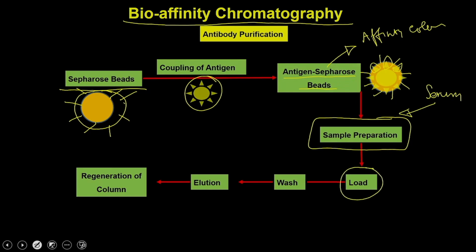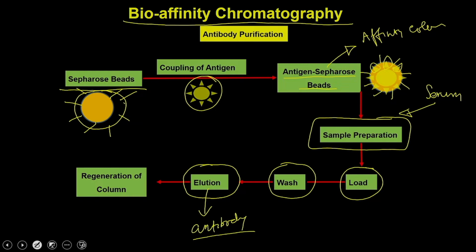Then you wash the column so that the unbound or loosely bound non-specific proteins are eluted, or the non-specifically bound antibodies are washed away. Then you perform the elution of the antibodies of your interest, and you get the antibodies developed in the animal against this particular antigen.